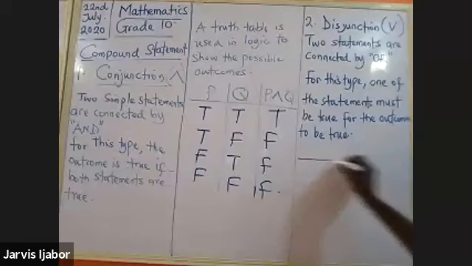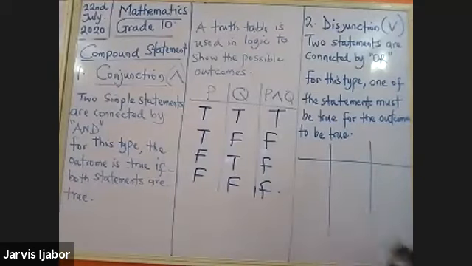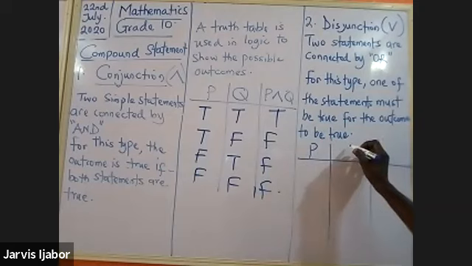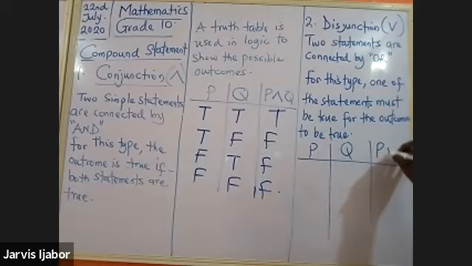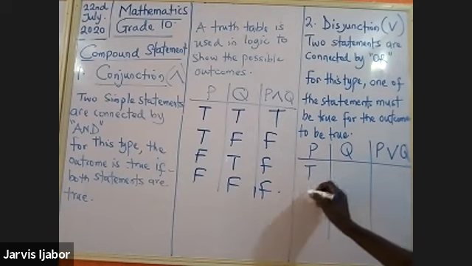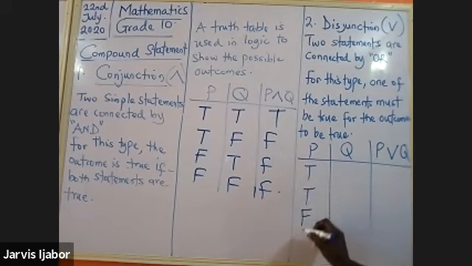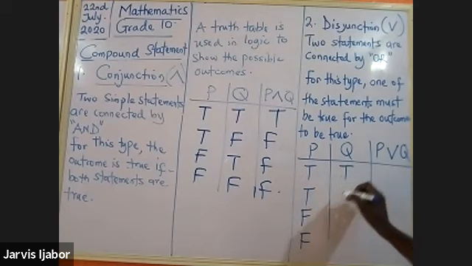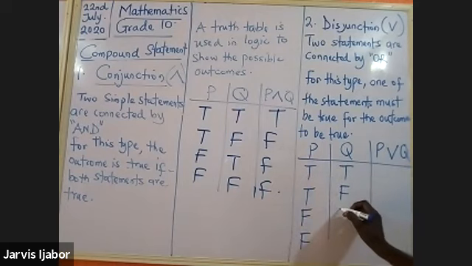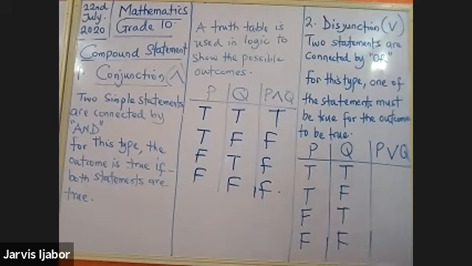So we're going to do a truth table here now. P, Q, and this is P or Q. So we take our possibilities again. Remember that we said that one of the statements must be true.